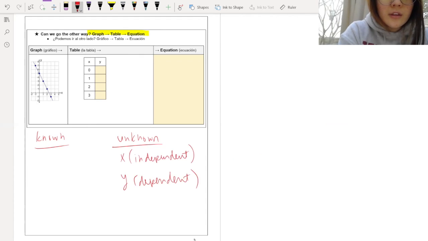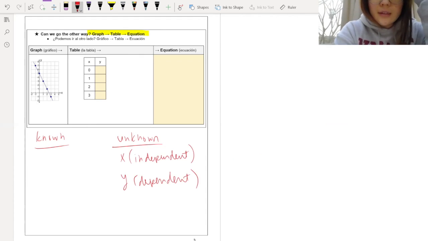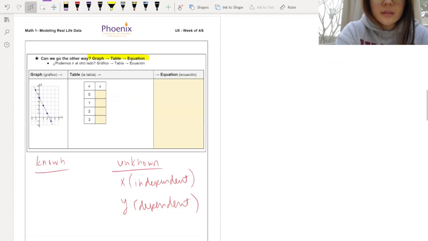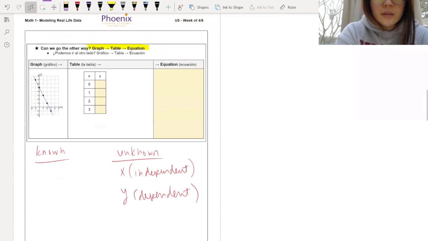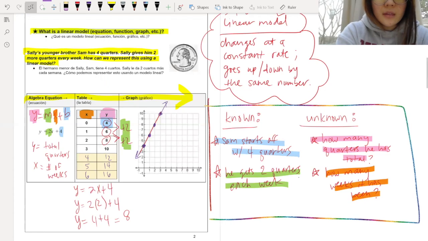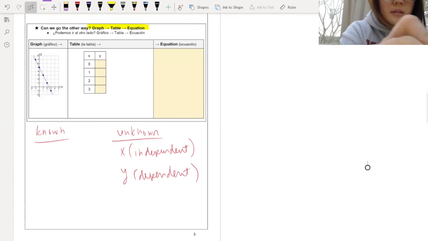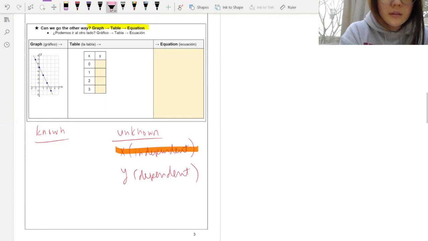I'm going to color code it again, right? Oh, I kind of switched it up. It's going to be orange and pink. Okay.